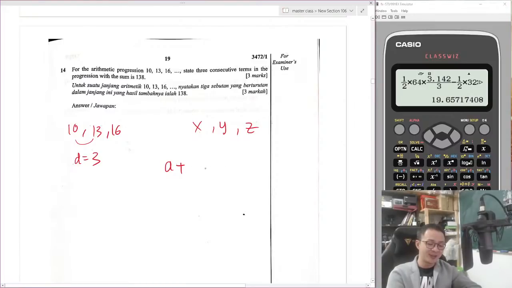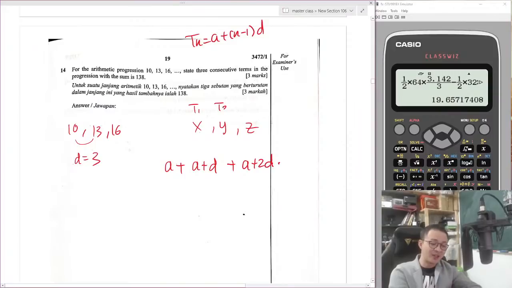Then a plus (n minus 1)d, where 2 minus 1 is 1, so d. Then next is a plus 2d. I'm using the formula Tn equals a plus (n minus 1)d. I assume these are T1, T2, and T3. Then I can straight away do it like that, so it equals 138.